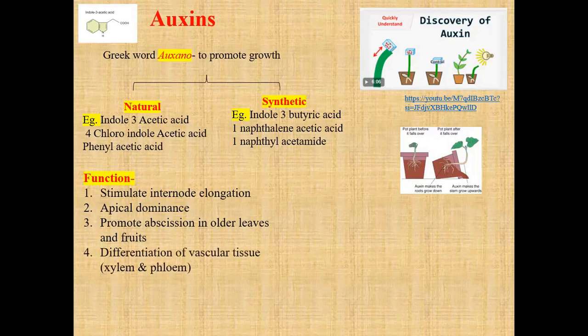The fourth function is the differentiation of vascular tissue. There are a variety of cells and tissues. In this case, auxin plays an important role in the development or formation of different types of tissue from one cell, just like xylem and phloem.